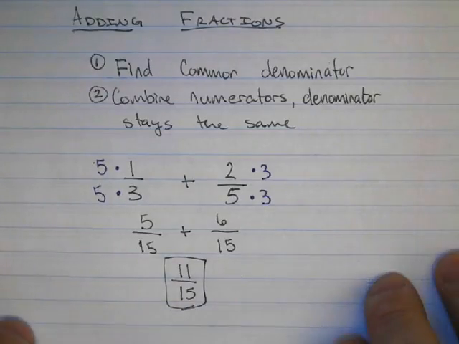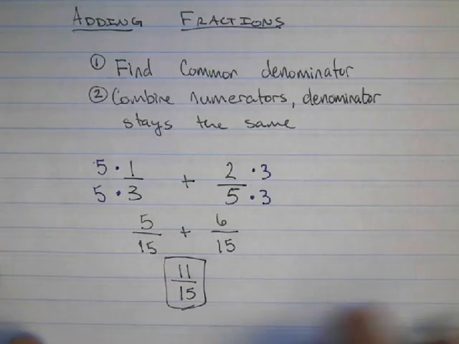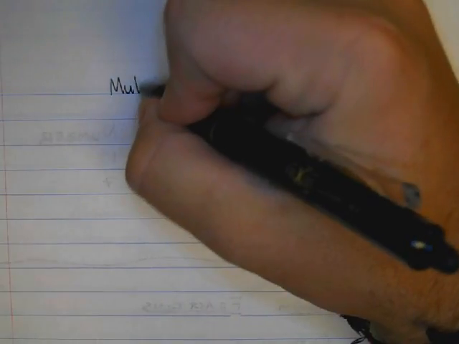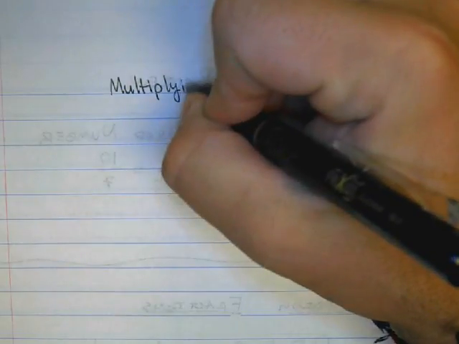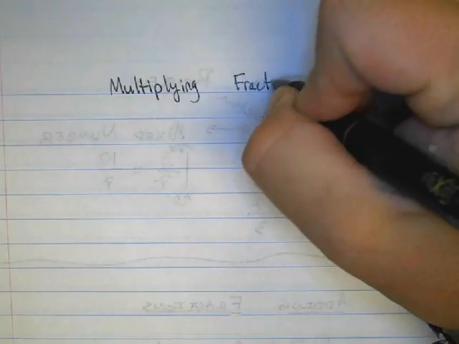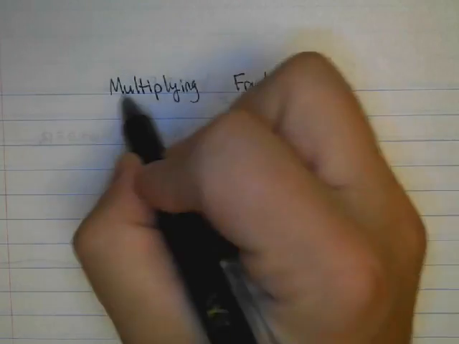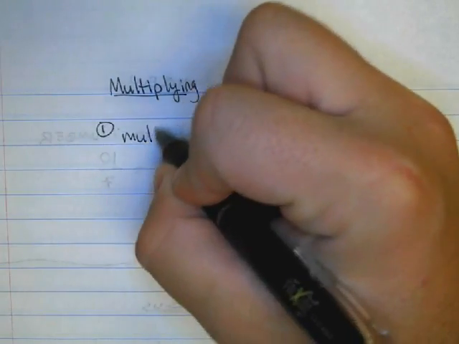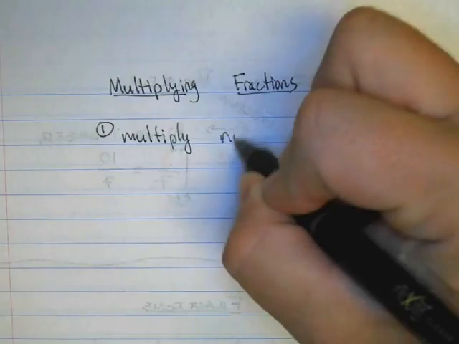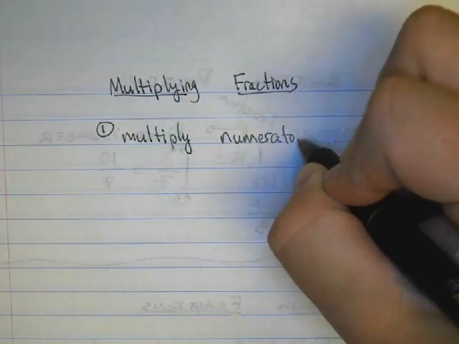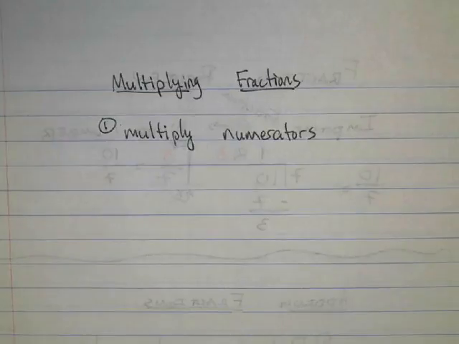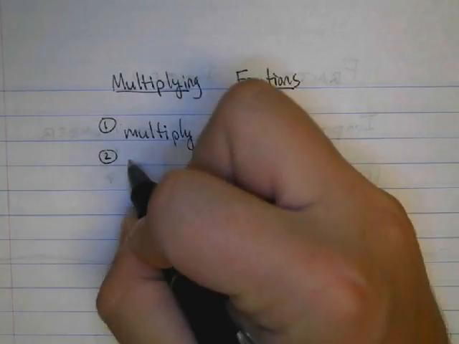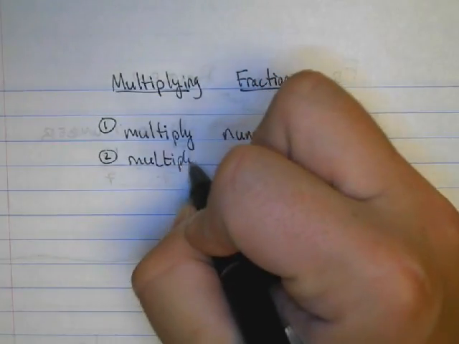Okay, let's go ahead and turn this over and look at multiplying fractions. Multiplying fractions is pretty straightforward. Step 1, multiply numerators. And step 2, multiply denominators.